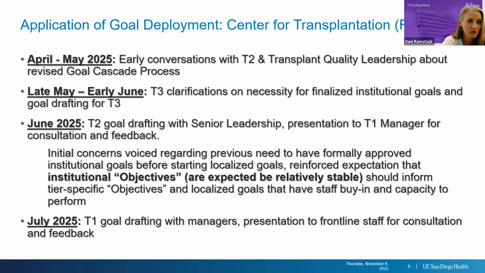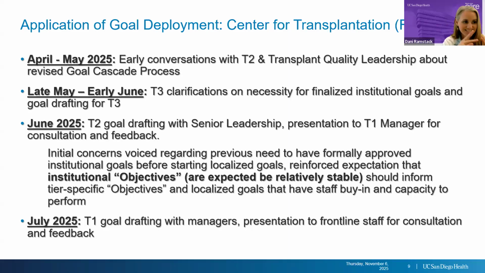We tried to start in April, May to have conversations about our potential goals for the following fiscal year. We were looking at fiscal year 25-26, which we're in now. In late May and early June, we were trying to get clarification from that tier 3 level on what our institutional goals were going to be and what those were going to look like for tier 3.